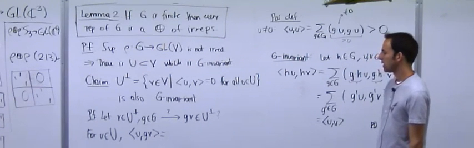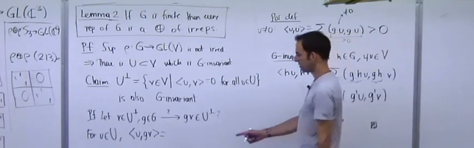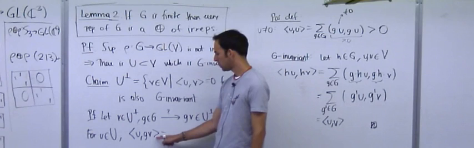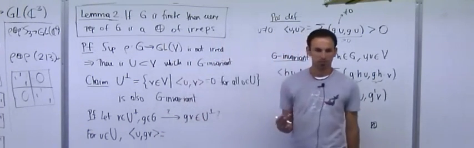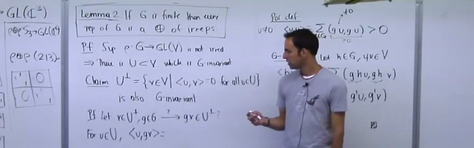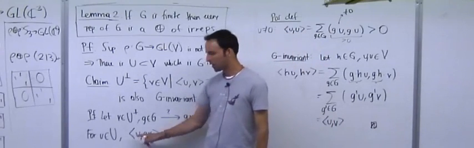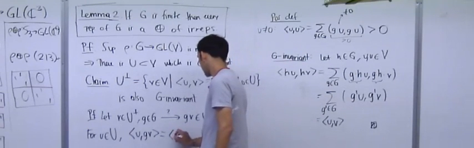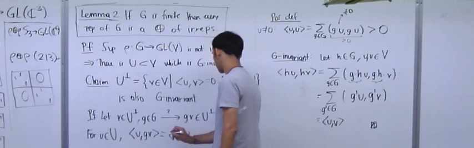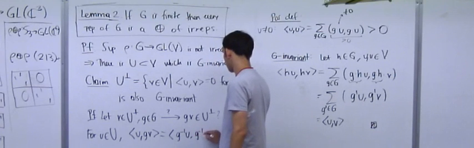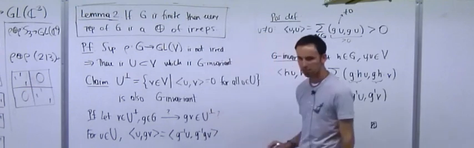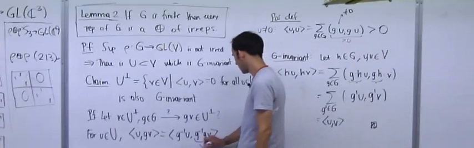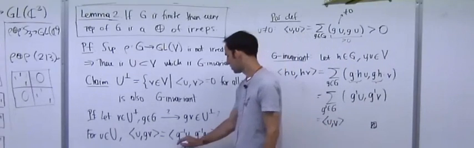Okay. Well, what we know about this form, we know two things. First of all, it's positive definite. Second of all, it's G invariant. Okay? Which means that I can act with a group element and not change the answer. So what I'm going to do is act by the group element G inverse. I'm going to get the same answer. And now you see this is equal to V. And what about this?